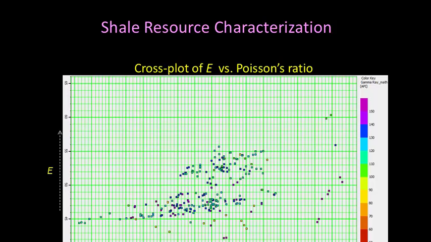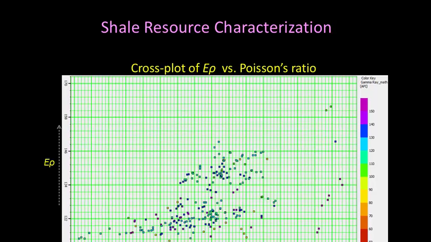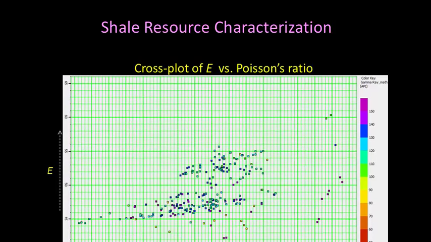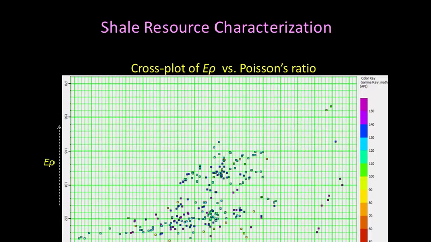Now look at the same cross plot, but with E-rho and not E. As I go back and forth, you can see that the overall pattern is not different. But the E-rho shows a little opening up of the cluster of points. All right.